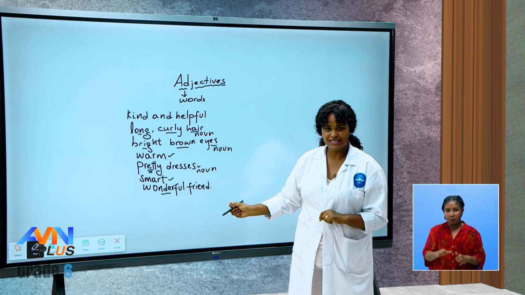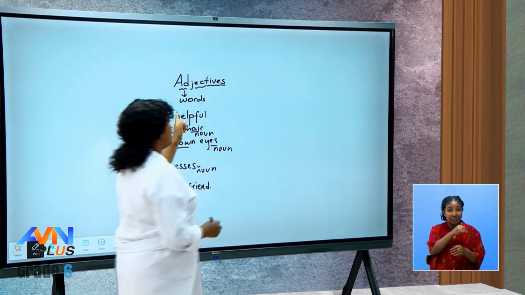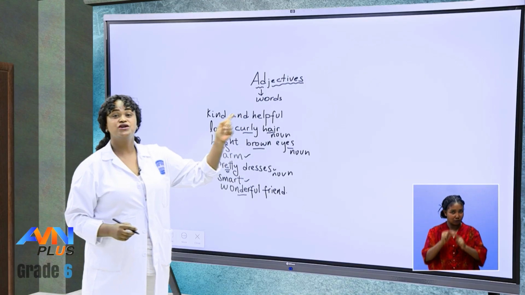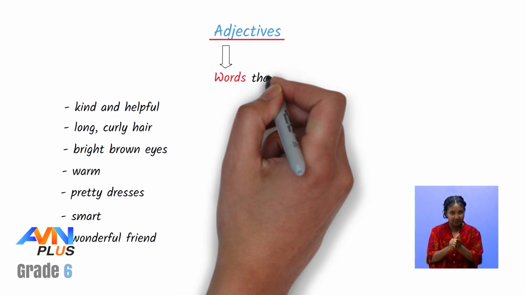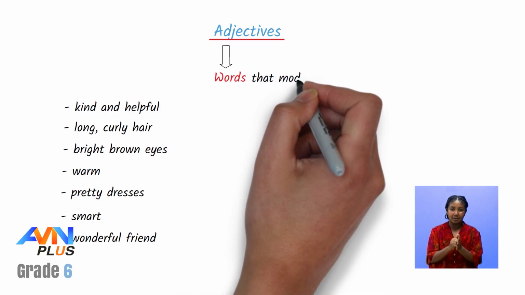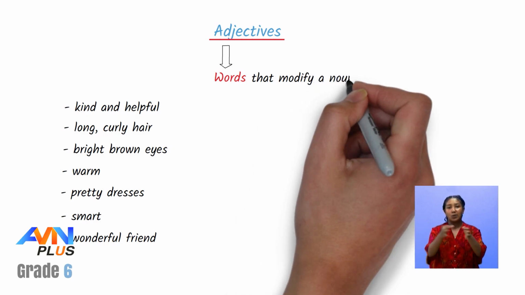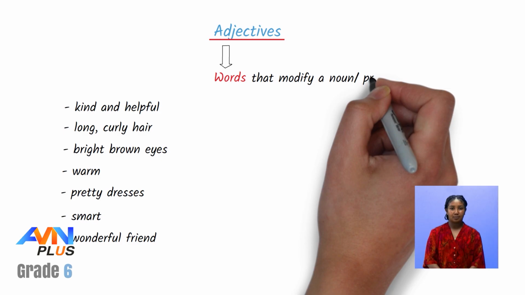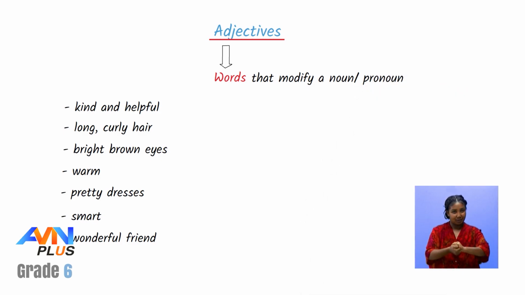So, what do we see after these all adjectives? We find what? A noun. So, when we say adjectives are words, what kind of words? Words that modify a noun, or pronoun. Yes?